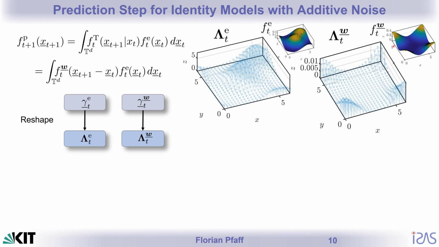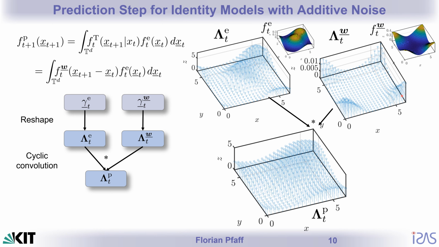The actual points, the grid points, do not matter. It's just that we have a matrix here, which corresponds to this density. And then we perform a cyclic convolution of these two matrices to obtain these grid values. And if you interpolate them, you get something that closely corresponds to the predicted density.